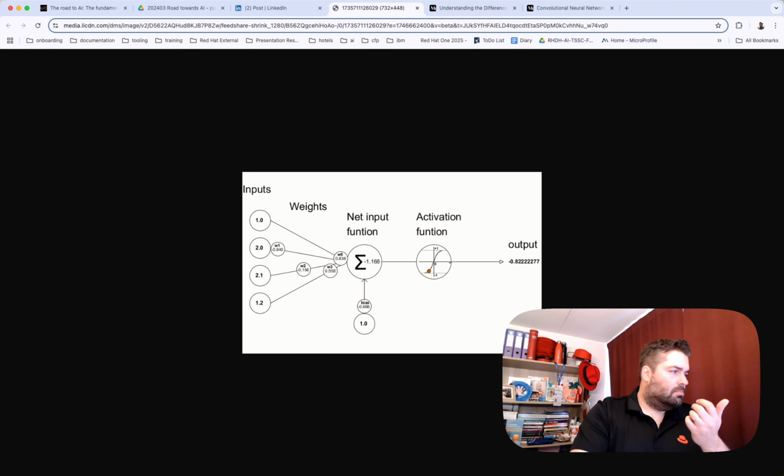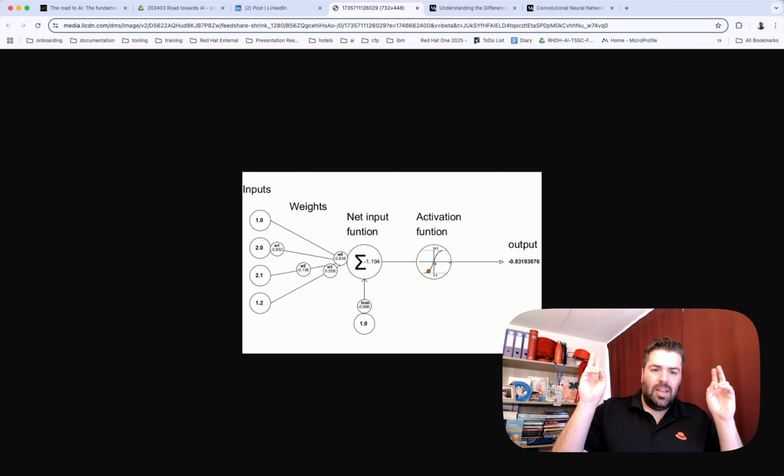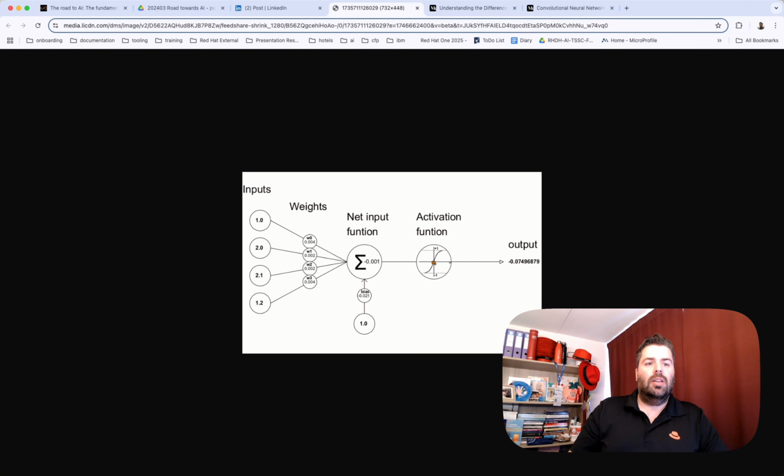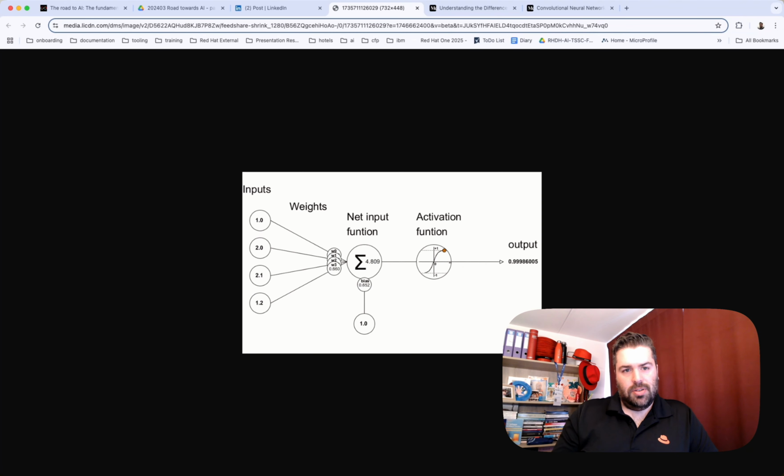So this is now a visualization of a simple mechanism that forms the foundation of neural networks, where millions or billions of such neurons work together to solve complex problems. The weights and the biases are the parameters that are adjusted during training to make the neuron respond correctly to different inputs.